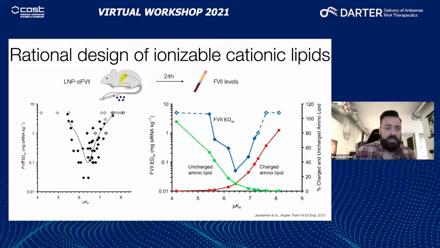Here on the left, you can see a plot of in vivo hepatic gene silencing activity, expressed as the ED50, versus the apparent pKa of the lipids. This was done, of course, in mice. You see that the most active compounds exhibit an optimal pKa between 6.2 and 6.5.